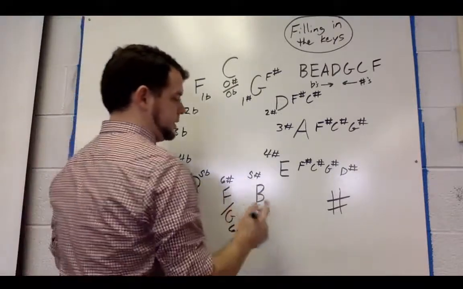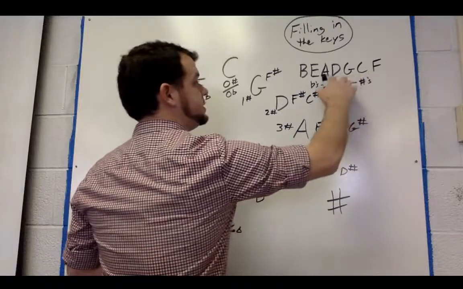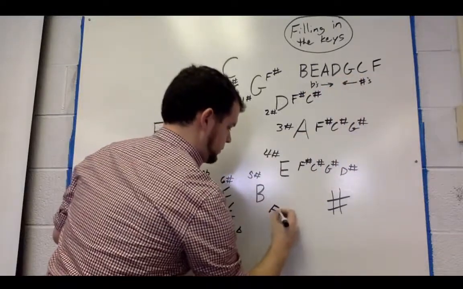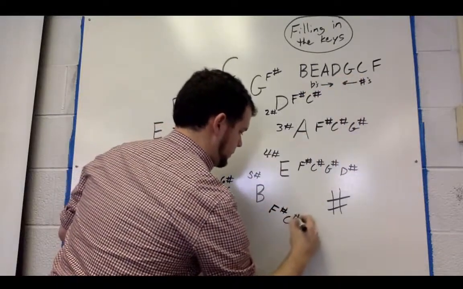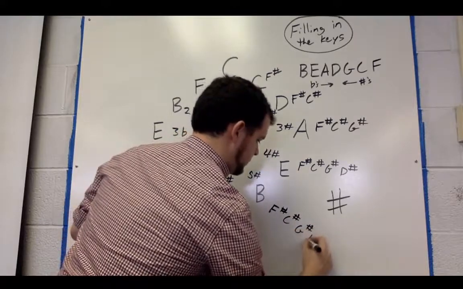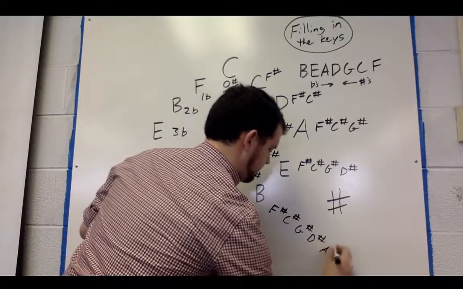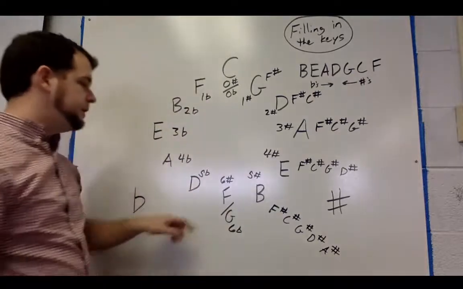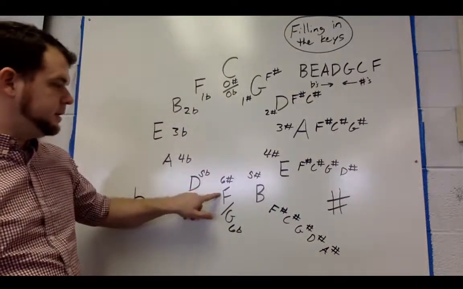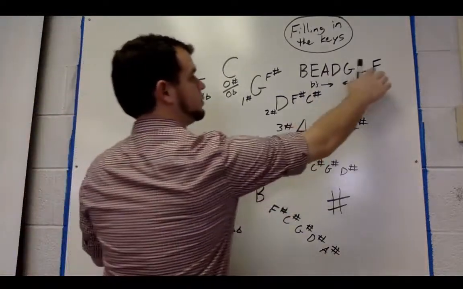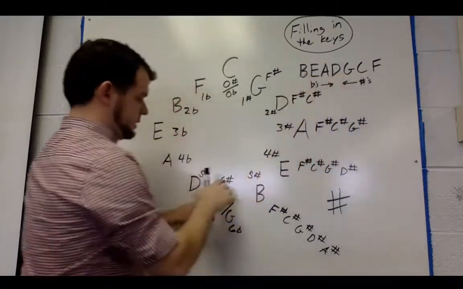5 sharps in the key of B, so F, C, G, D, A. And finally in the sharps we have F here, which has 1, 2, 3, 4, 5, 6 sharps.